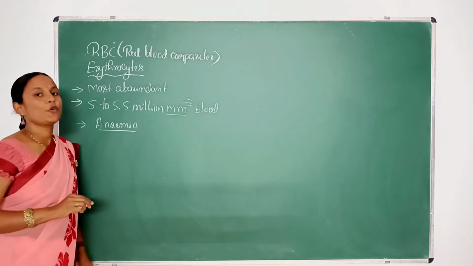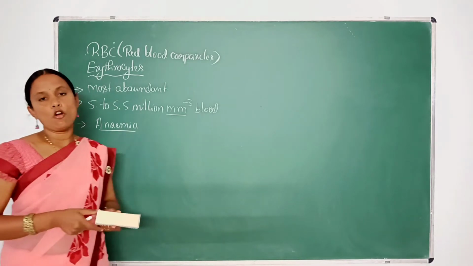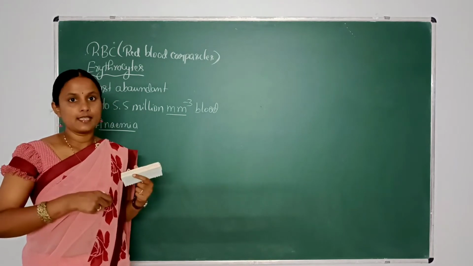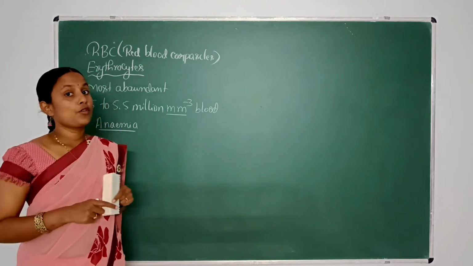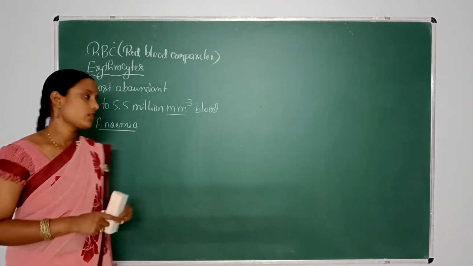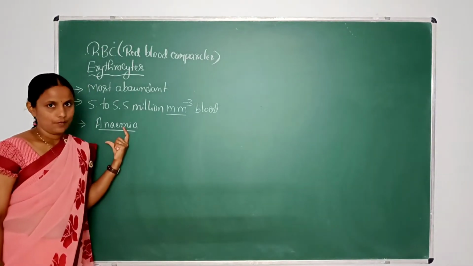The person is said to be anemic. It may be caused because of heavy loss of blood during injuries or less production of RBC in the body itself. So that may cause the anemic condition.